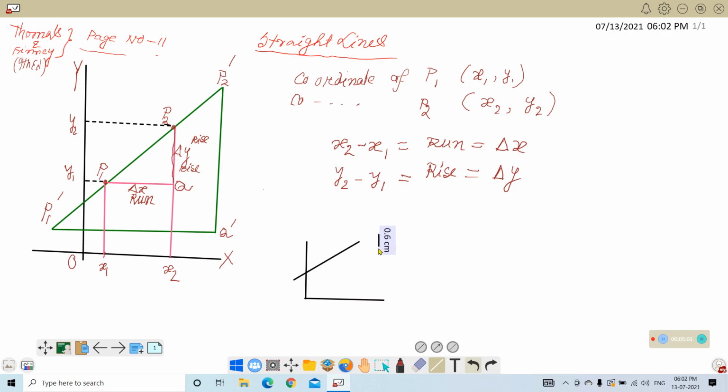This is a vertical line, and this is a horizontal line. Three types of lines are there. A non-vertical line means lines of this type.